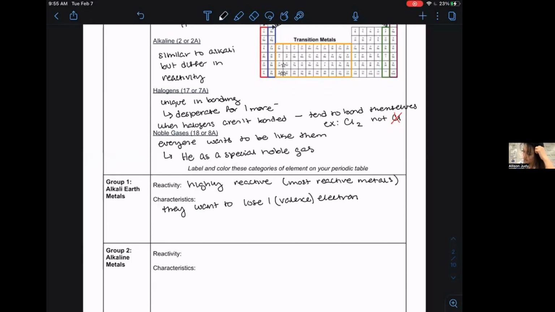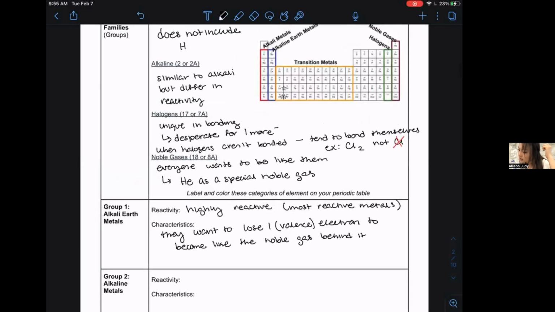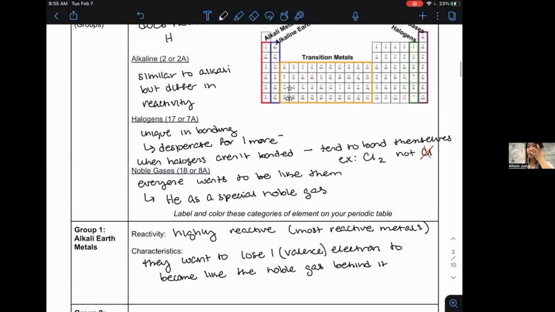One valence electron to become like the noble gas behind it. So lithium really wants to become like helium from an electron counting standpoint. Lithium wants to become like helium, real bad.